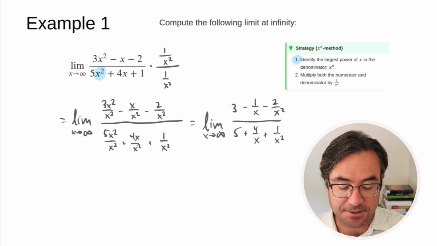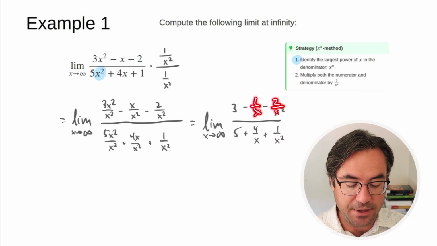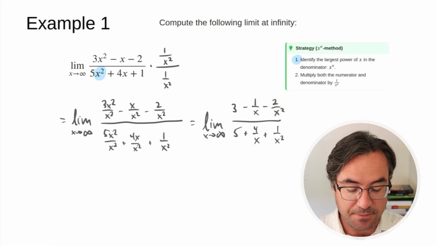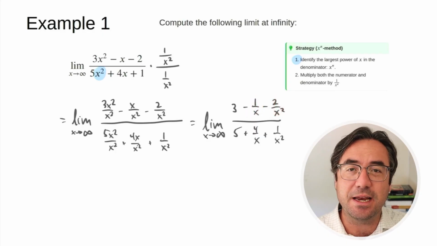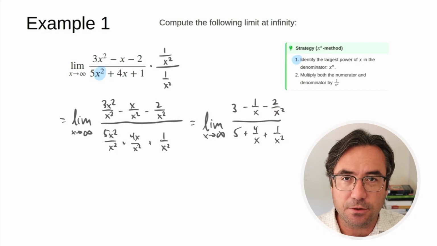But over here, these fractions with all the x's in the denominator, as x gets really big, these fractions all go to 0. So they're not going to infinity anymore. They're going to a specific number, and it's a number that we can do regular arithmetic with.